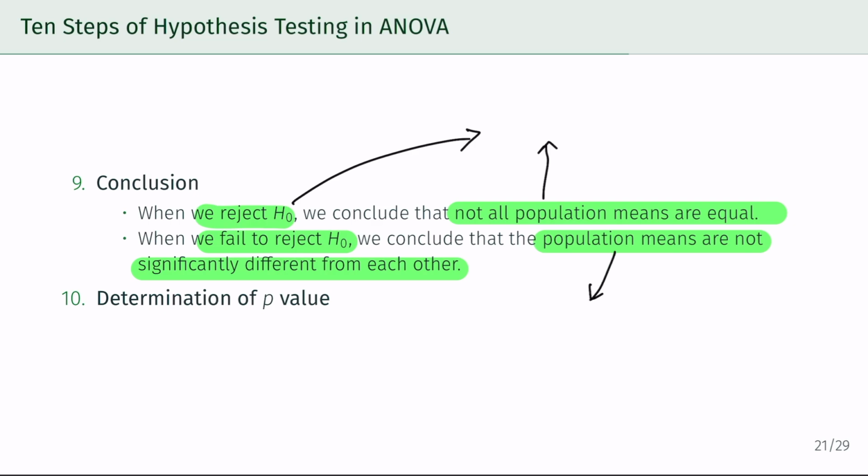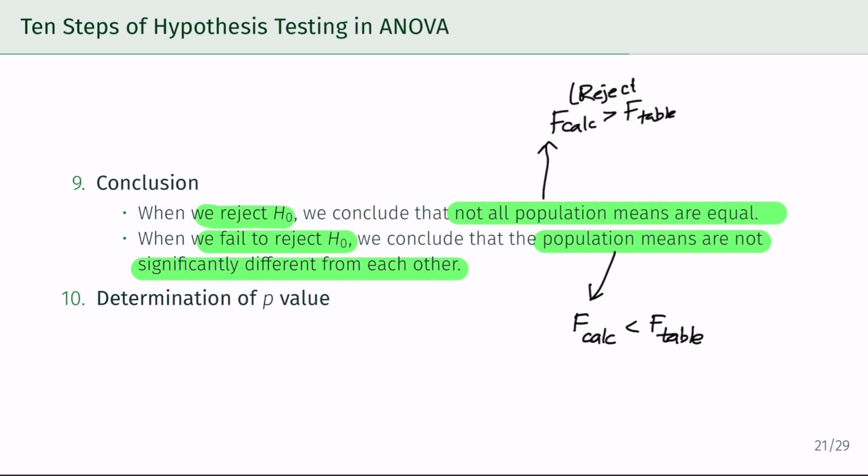This conclusion we write if the calculated value is less than the table value. This one we write when the calculated value is greater than the table value. So this we write when we reject H0, and this we write when we accept H0 or do not reject H0.